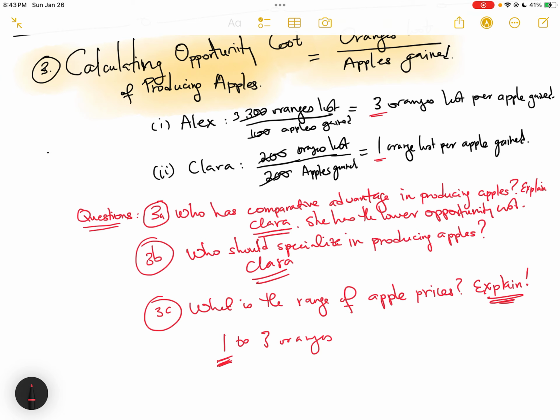Well, if Clara insists on selling her apples for 10 oranges, Alex should refuse because he can produce the apples for less than 10, for 3. You see that? Good. Now, pause the video. Go back and try to understand what we just talked about.